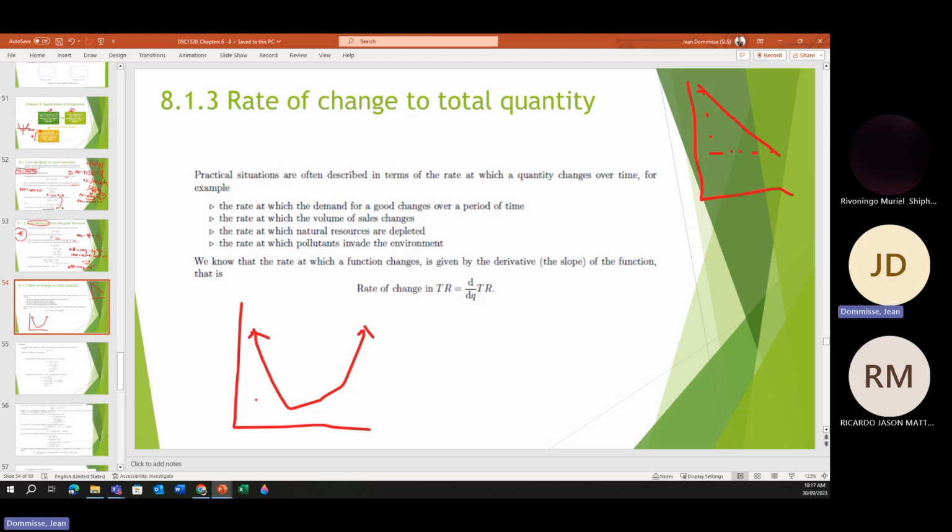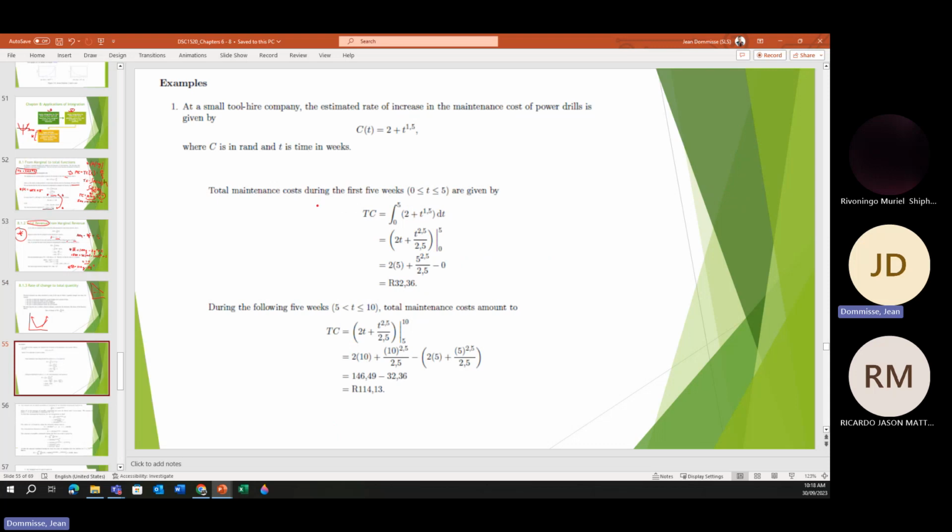But we have learned, where was it? Study unit 5 or 4, I think, that if we get the slope, or the line that touches this, we actually work out what the rate of change is. So what we need to do is differentiate the function.